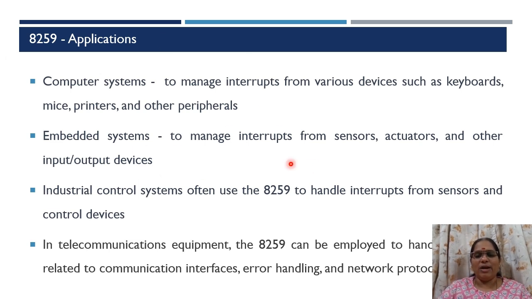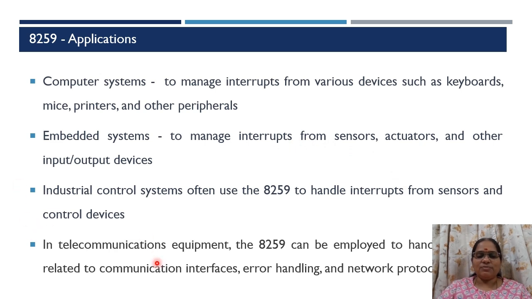Whenever you want to manage the interrupts, the role of the processor will be shared by the programmable interrupt controller. Next, in industrial control applications, when you get interrupts from sensors or controlling devices, that can also be done. In telecommunication services also, this is used for handling interrupts related to communication interfaces, error handling, and network protocols.